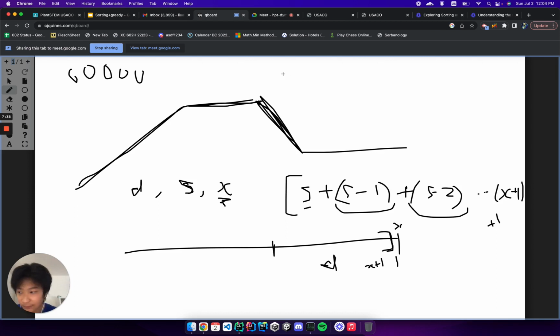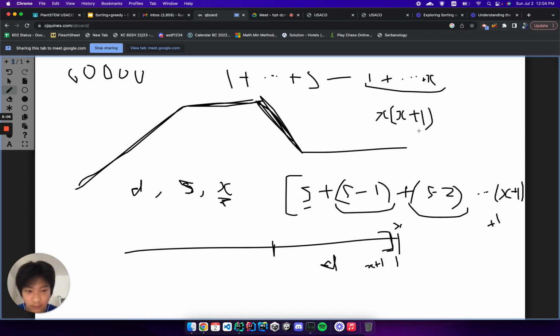This is essentially just prefix sums, like I explained once upon a time. So this is the sum of 1 all the way to s minus the sum of 1 all the way to x, right? And we know this is just equal to x times x plus 1 over 2, and this is s times s plus 1 over 2, right?